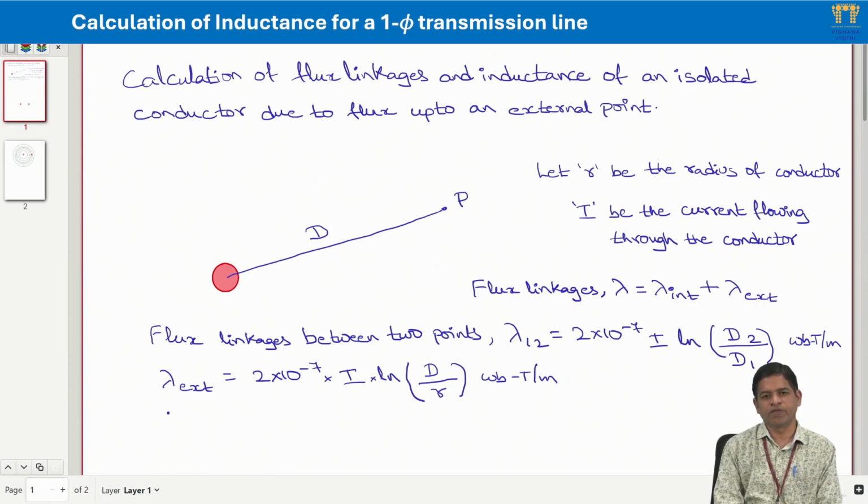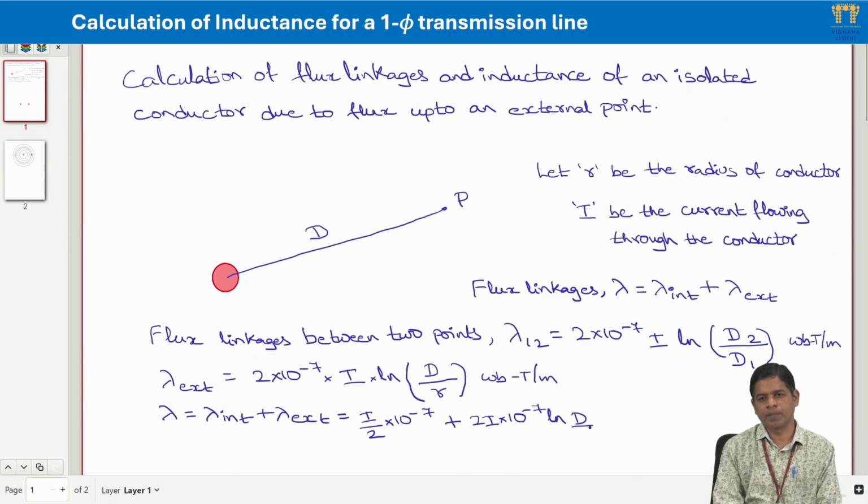Now if I want total flux linkages lambda, we have seen above that this is equal to the internal flux linkages plus the external flux linkages. And in one of the last sessions we have seen the internal flux linkages is given by I by 2 into 10 power minus 7. And from the above expression we can write the external flux linkages as 2I into 10 power minus 7 log d by r.